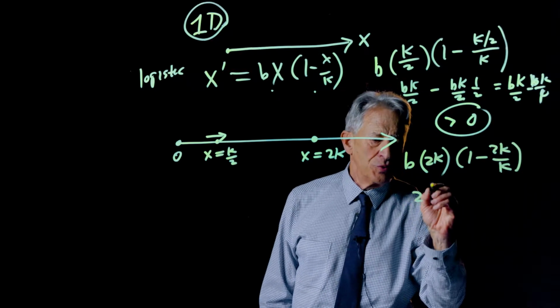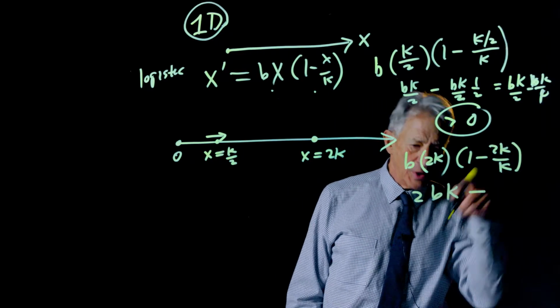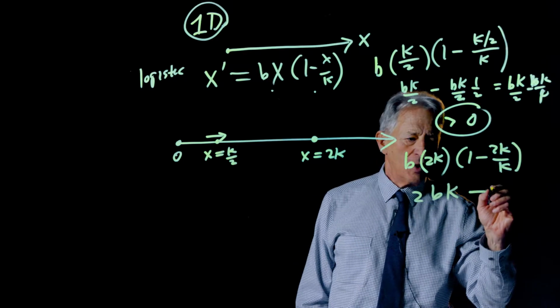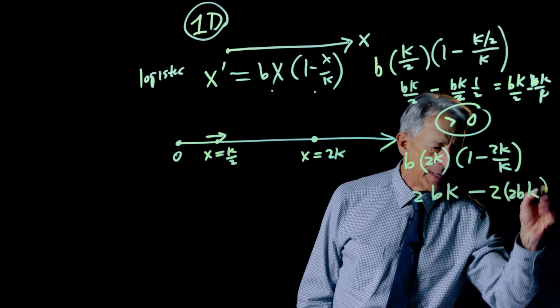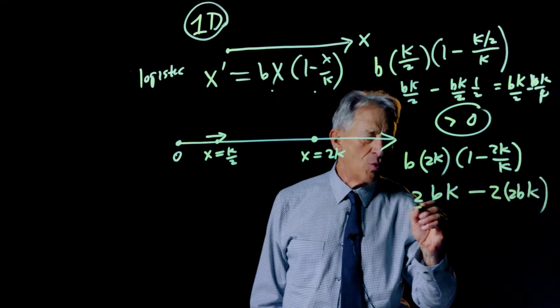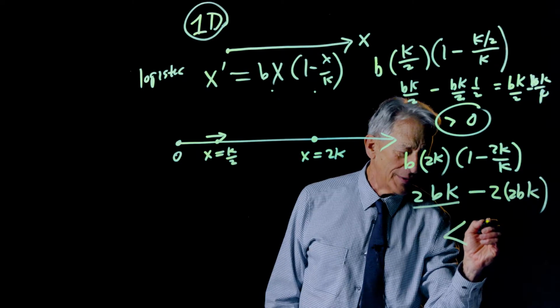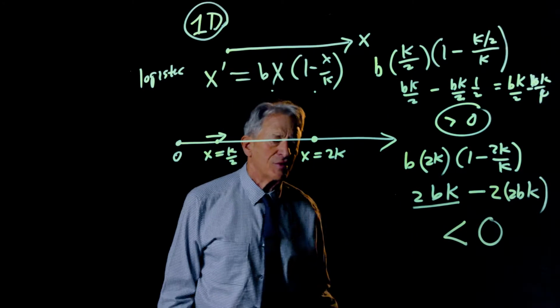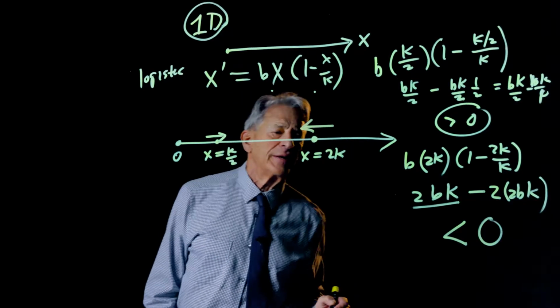So that's 2bk minus, multiplying that in, 2 times 2bk. So we have a quantity minus twice that quantity. That quantity is going to be less than 0. And so the change vector here has to be negative.